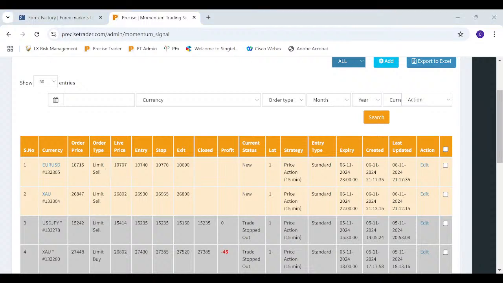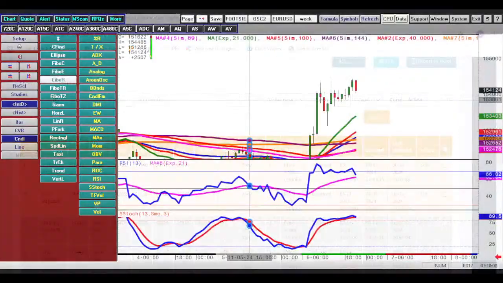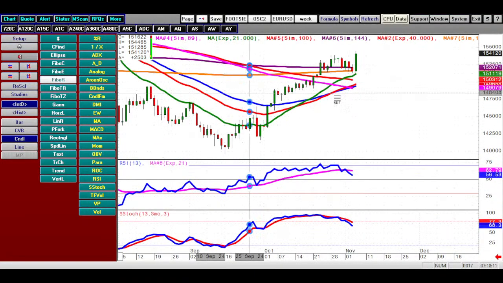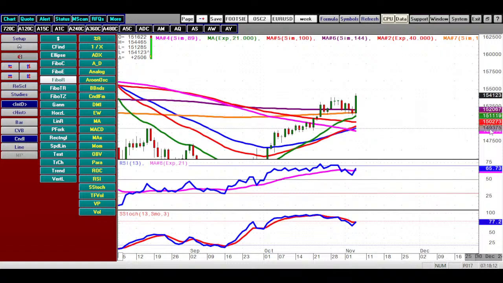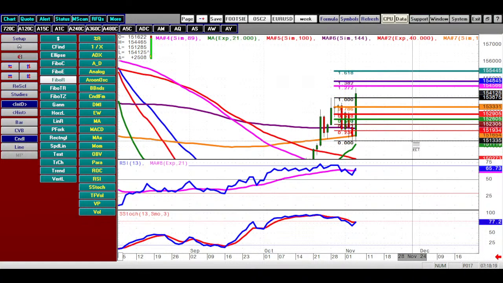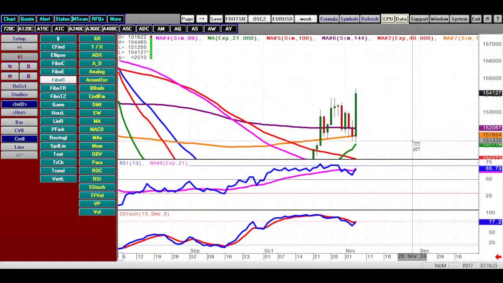Okay, now the next thing is we go for dollar yen. I think it's a similar situation, and the final target we can expect is 154.80 and 155.45.